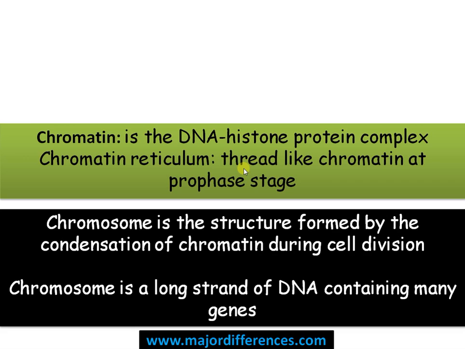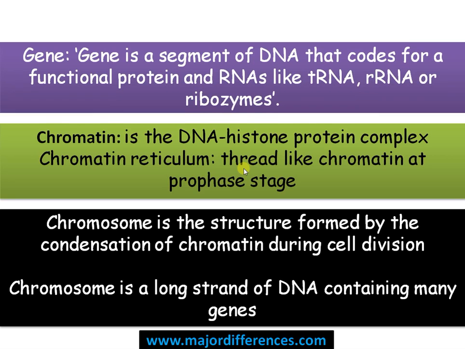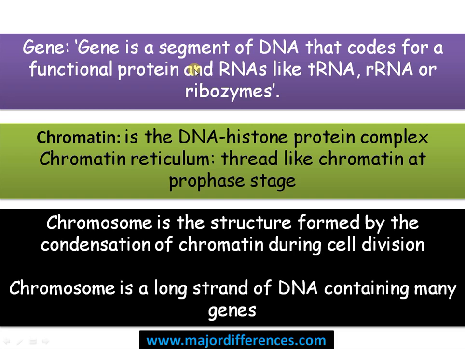A chromosome is a structure formed by the condensation or compaction of chromatin during cell division, often the term used to refer to the metaphase chromosome. A chromosome is a long strand of DNA containing many genes. A gene is a segment of DNA on the chromosome that codes for a functional protein and RNAs like tRNA, rRNA or ribozymes.